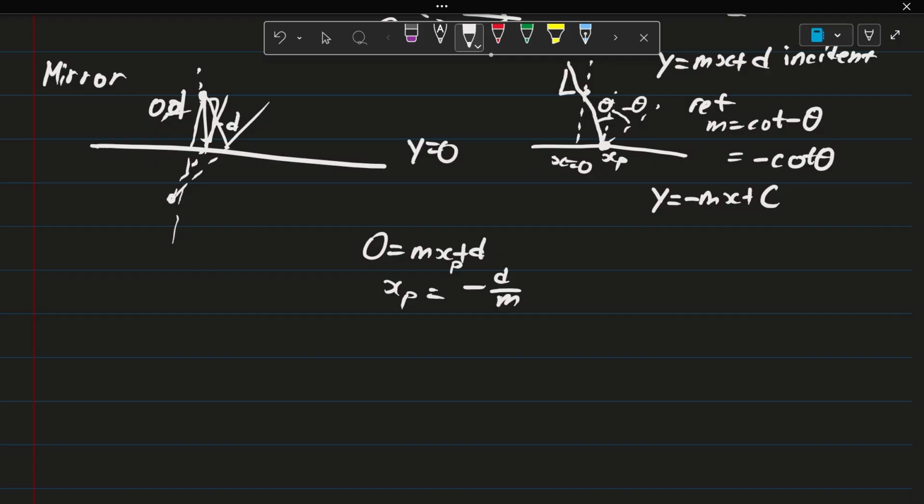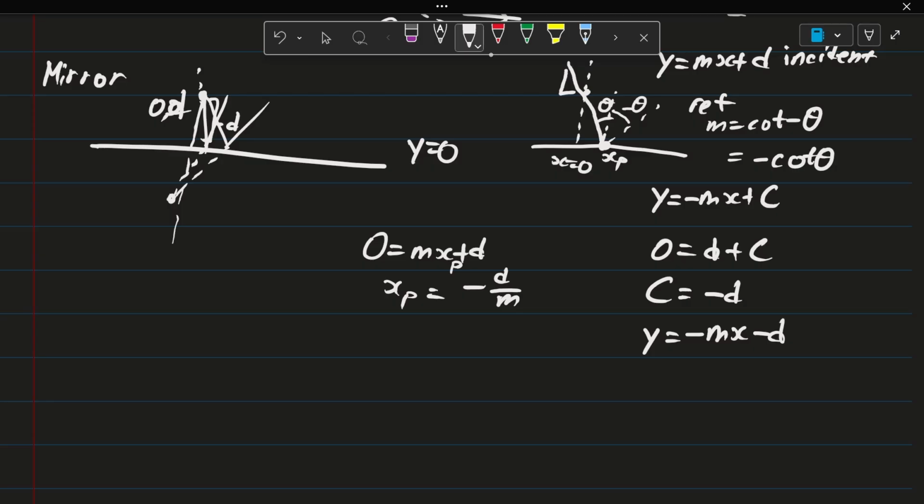So the y should be 0, which must equal the negative m times the negative d over m, which is d, plus c. So the c here is going to be the negative d. So what you get from the reflected light is that y equals negative mx minus d.